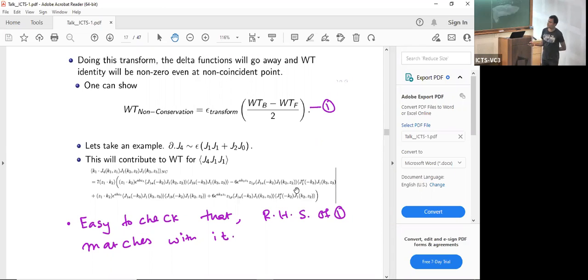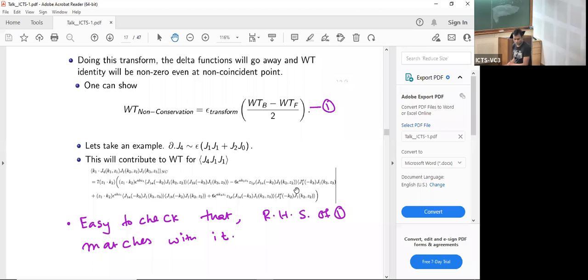So, for example, for J4, if you calculate the Ward identity, it will contain, as I said, J1, JJ two-point function, products of JJ two-point functions. That is here. But by doing this epsilon transformation, I'm able to reproduce that just starting from the conserved current Ward identity, I'm able to reproduce the non-conserved Ward identities.